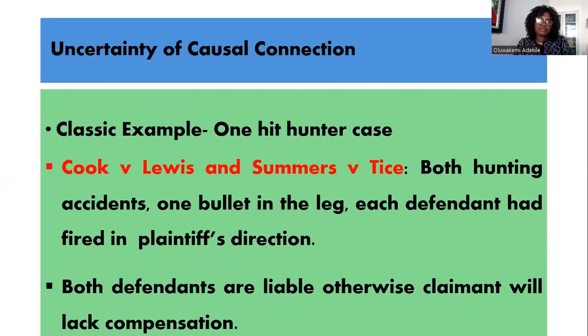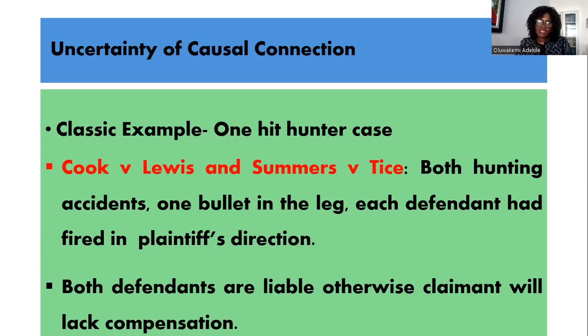Now, what are we talking about here? The classic example of case scenario is what they call the one-hit-hunter case. We find these facts in Cook and Lewis and Summers and Tice, Canadian cases, where in hunting accidents, one bullet hits the plaintiff and each defendant had fired in the plaintiff's direction.